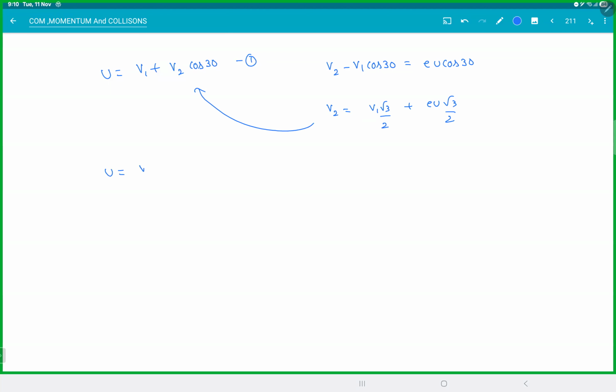So u is equal to v1 plus v2 will be v1 cos 30, which is again root 3 by 2, so 3 by 4, plus e u 3 by 4. This would be u into 1 minus 3e by 4, equals 7 v1 by 4. So v1 will be u by 7, 4 minus 3e. Check. That's your v1.